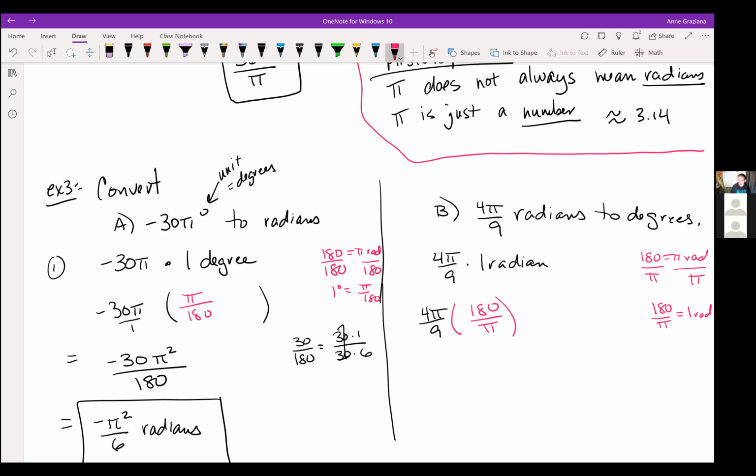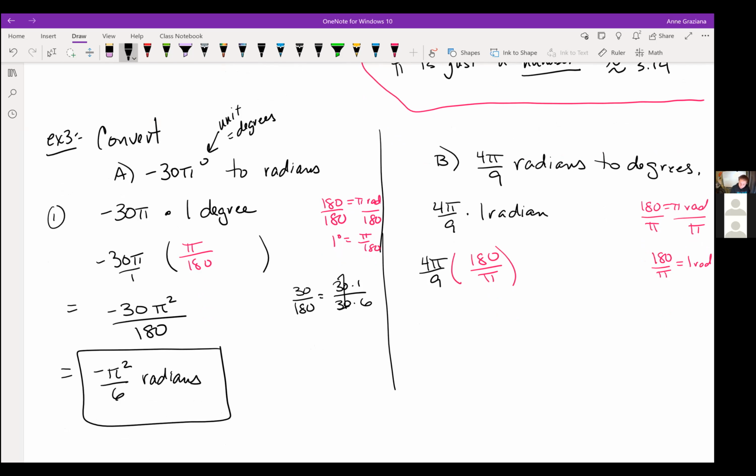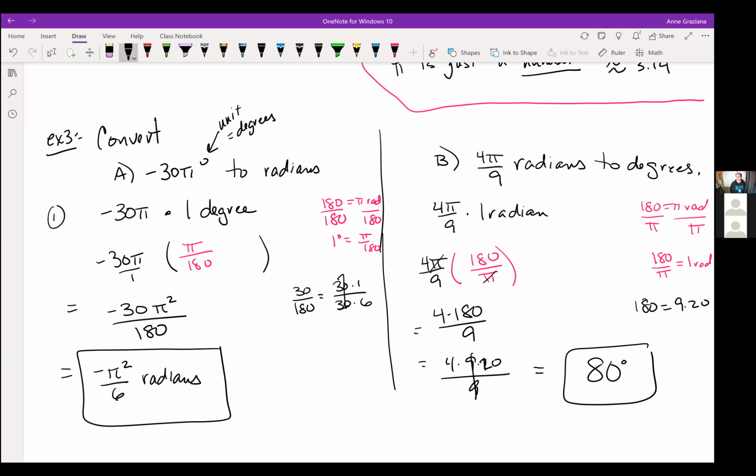Any questions? All right, then it's just simplifying, right? So the pi's are going to cancel. That's a 1. And actually 180 over 9, so this is 4 times 180 over 9. But 180 is 9 times 20. So this is 4 times 9 times 20 over 9. And we end up getting 80 degrees. Any questions?